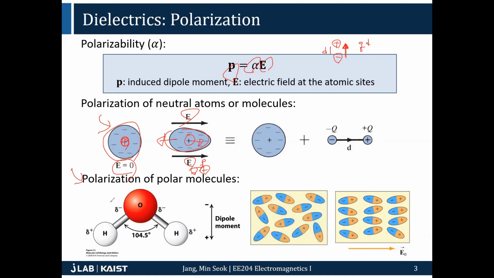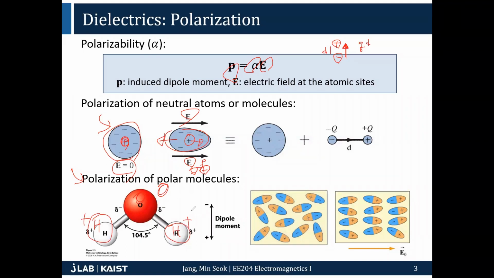And the same thing applies to molecules. Like if you remember how a water molecule looks, it's H2O, and H tends to be positively charged, so it tends to lose its electrons, and oxygen tends to gain electrons. So when they form a molecule, oxygen is negatively charged and hydrogen becomes positively charged, right?